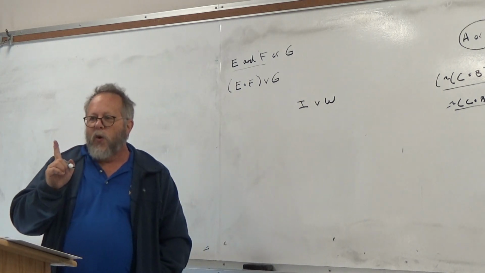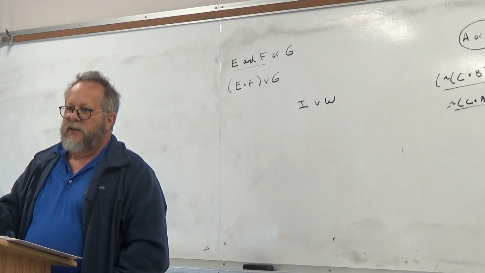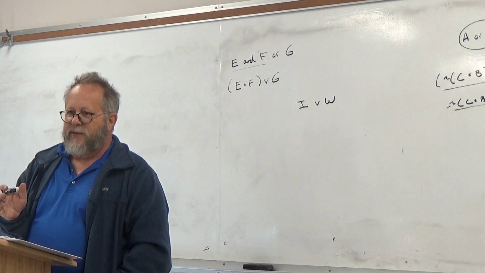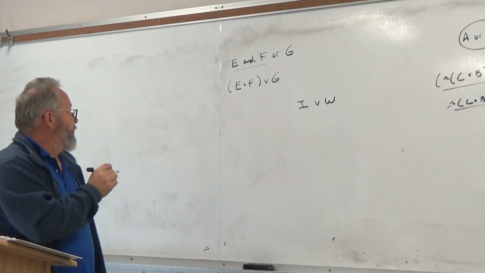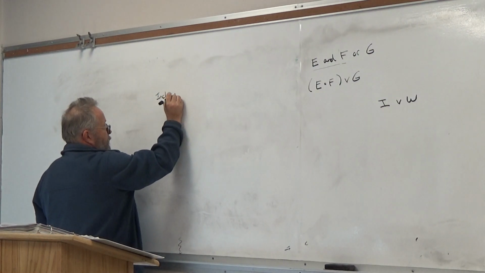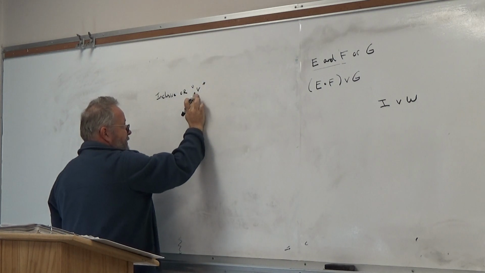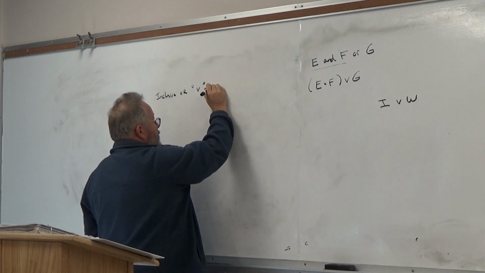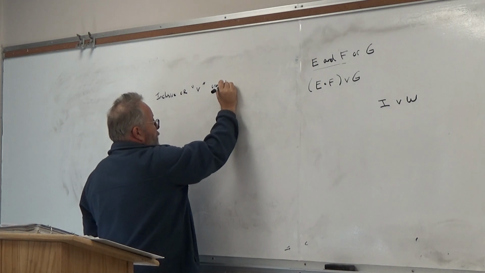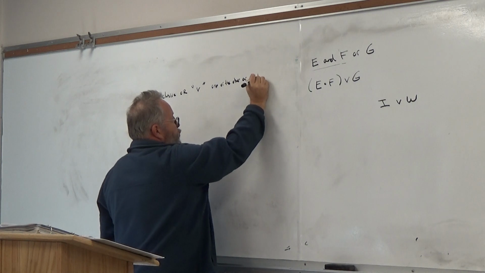Our or is what kind of an or? Inclusive or exclusive? Inclusive. Our or is an inclusive or, and that's represented by this symbol. This is an inclusive or, it means one or the other or both.